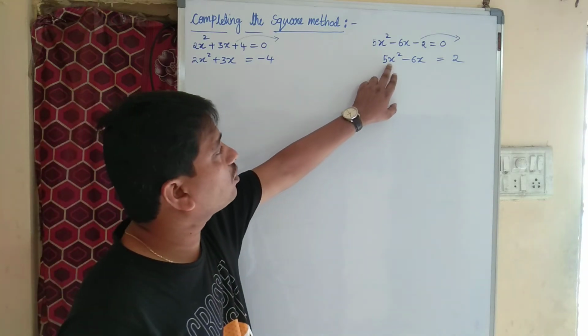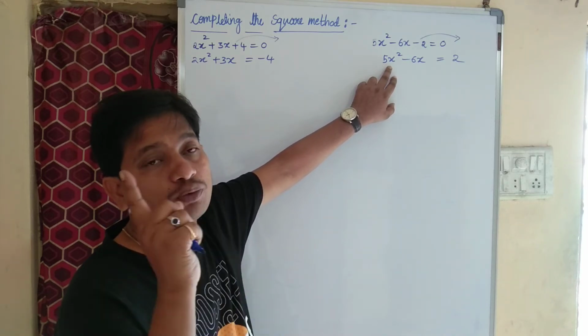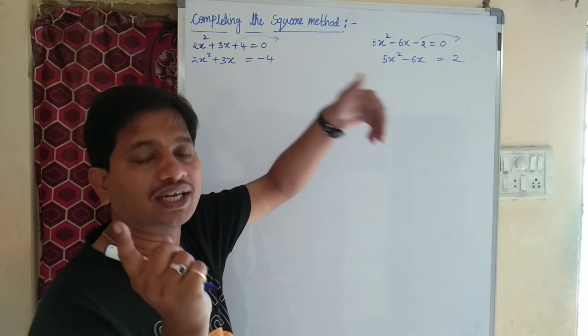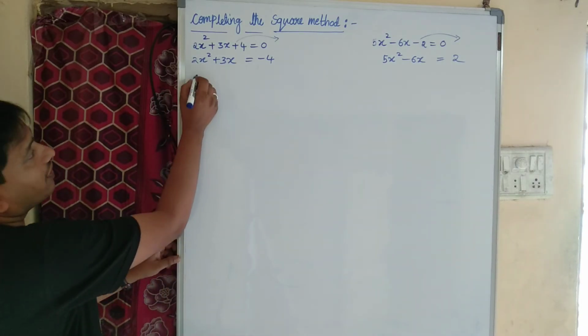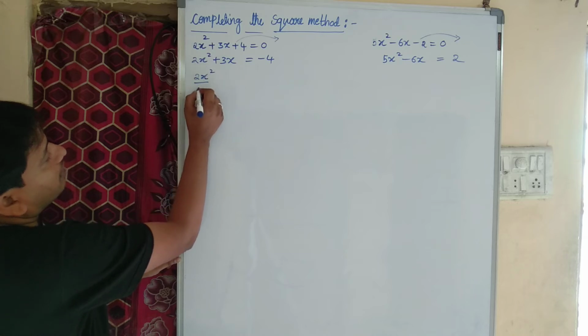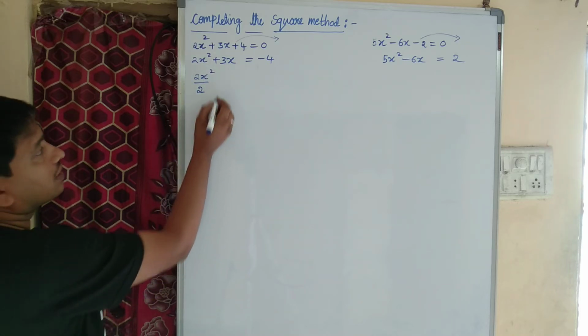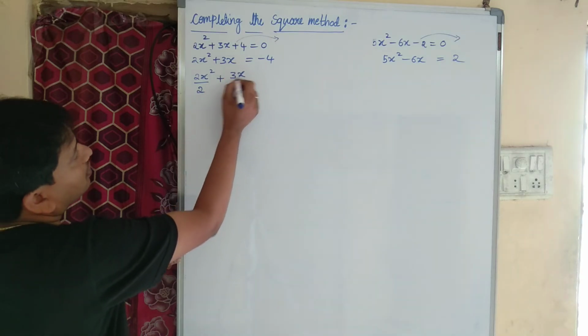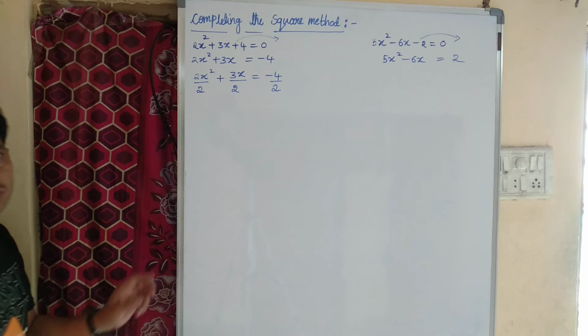Here also x square coefficient 5 is there. It should always be 1 only. So that is the reason we need to divide by 2. If I divide by 2, I need to divide by 2 each and every term. I mean 2x square by 2 plus 3x by 2 equal to minus 4 by 2.